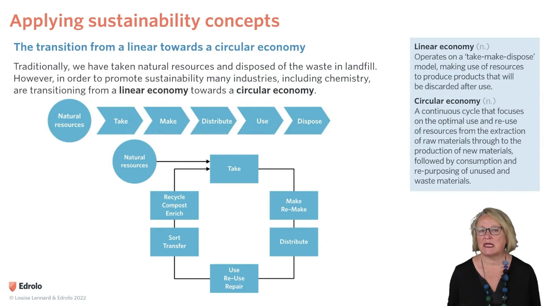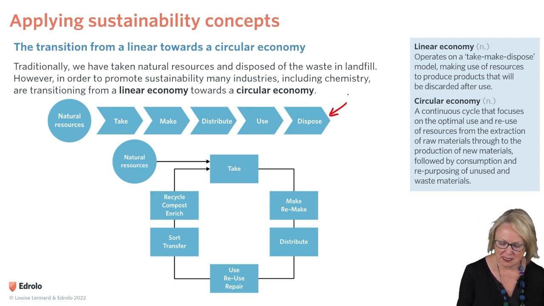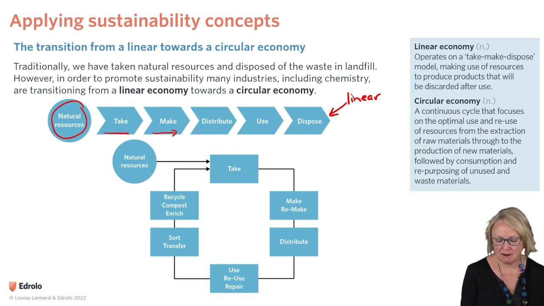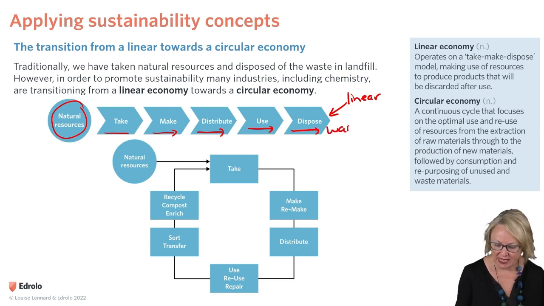Another thing that's come up in the key knowledge units is moving from a linear to a circular economy. So the top diagram here is an example of a linear or straight line economy where natural resources are taken, then made into something, distributed, used, and then thrown away, so discarded, which ends up in waste.